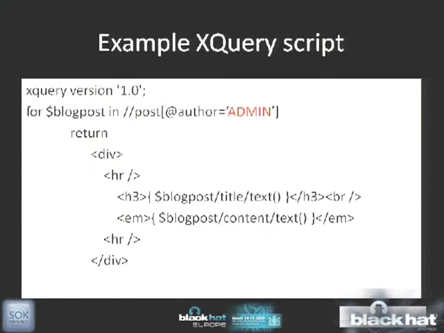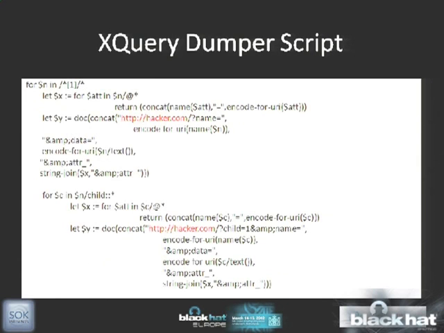Because XQuery is such a rich language and it allows for a lot more things, you can write one massive XQuery dumper script, which we have written. It will go through the entire XML document, and for each node name, node value, attribute name, attribute value, and so on, it will make a recursive HTTP lookup.